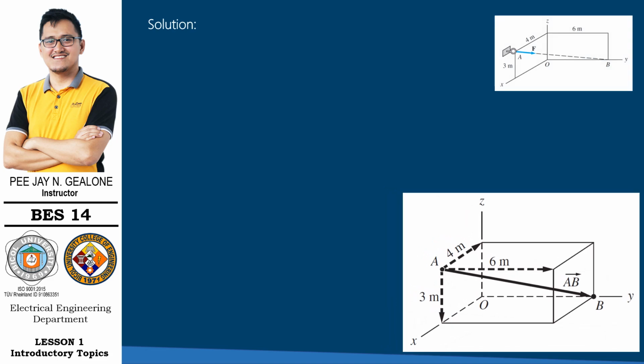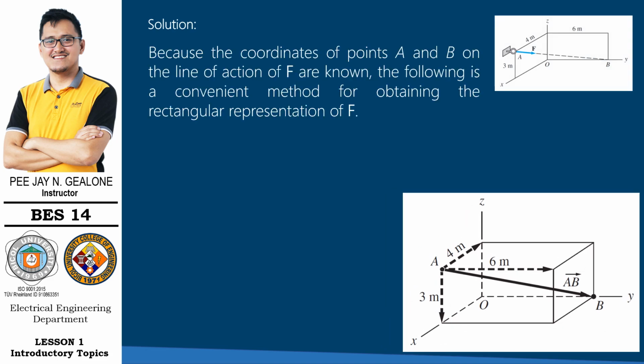Okay, so let's solve this particular problem. So because the coordinates of points A and B on the line of action of F are known, the following is a convenient method for obtaining the rectangular representation of F. So makikita natin that F actually flows in this manner, no?